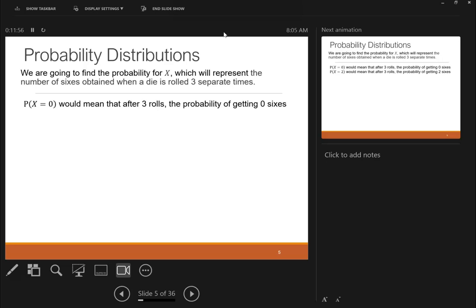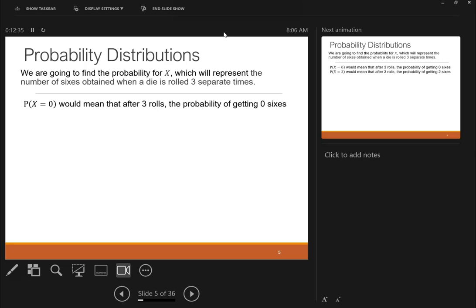All right. If we're going to try to find the probability for our random variable x, which in this case is going to represent a different example. This is going to be the number of 6s obtained when a die is rolled 3 separate times. So P of x equal to 0 is going to be the probability of rolling the dice 3 times and getting 0 6s to come up.